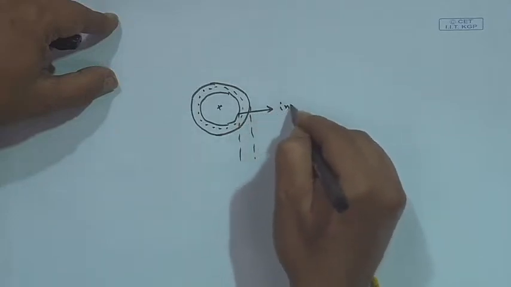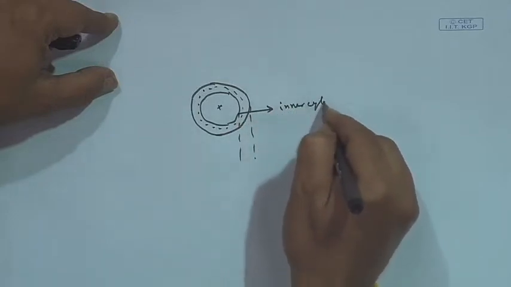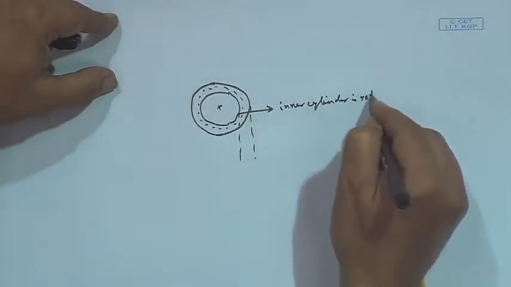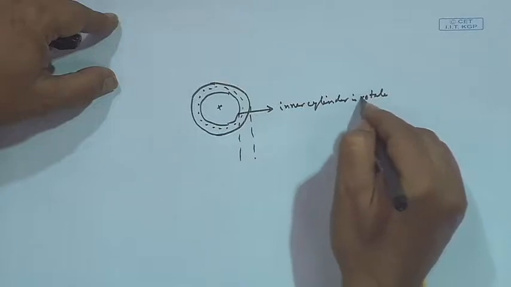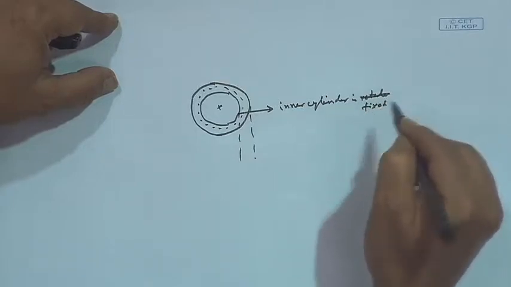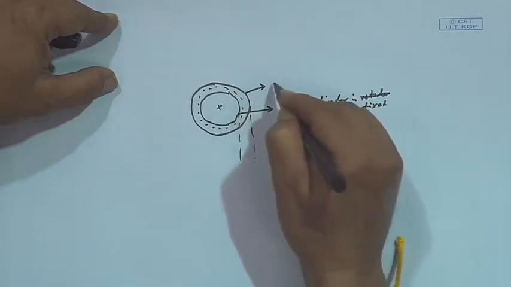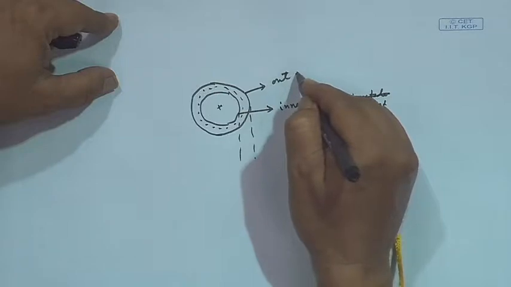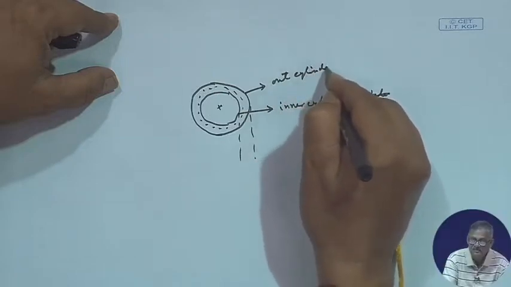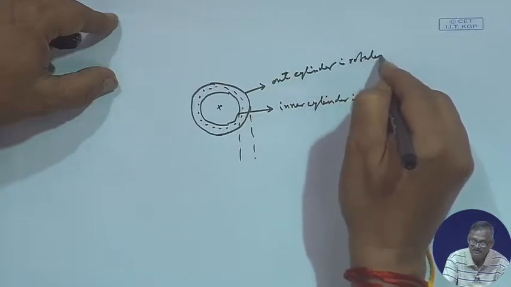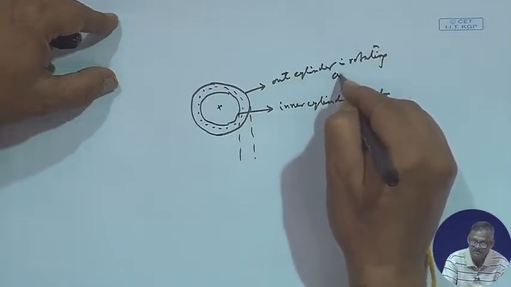The inner cylinder is fixed, and the outer cylinder is rotating with an angular velocity of omega.